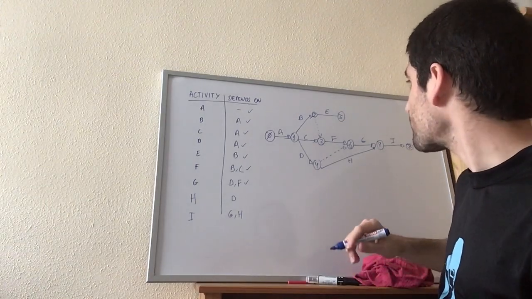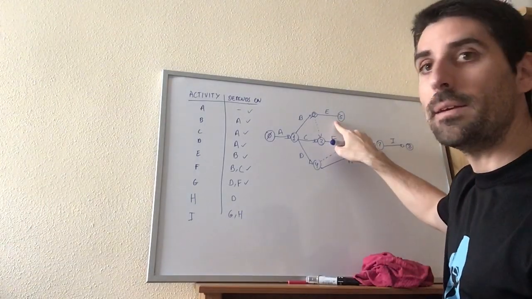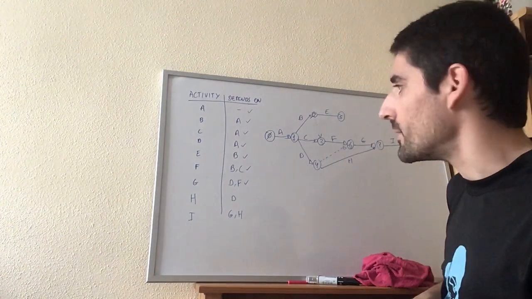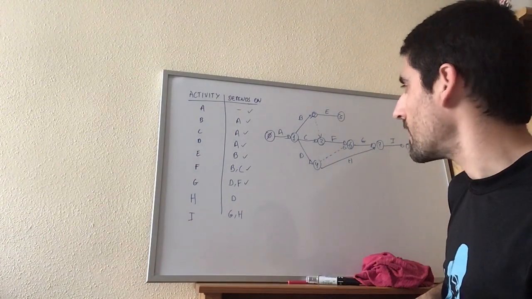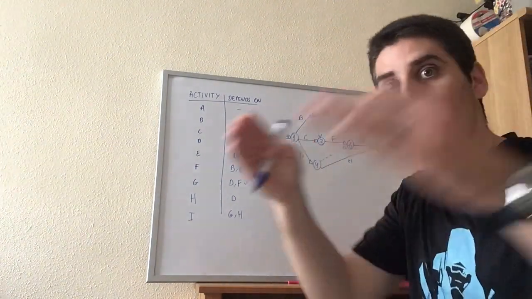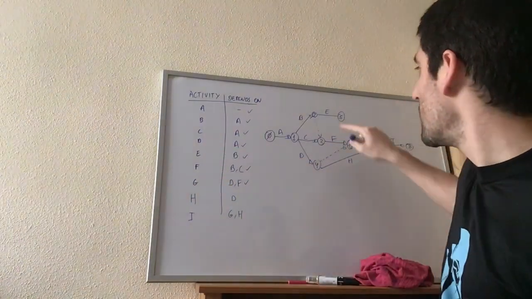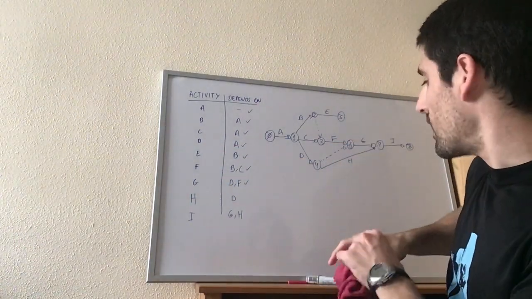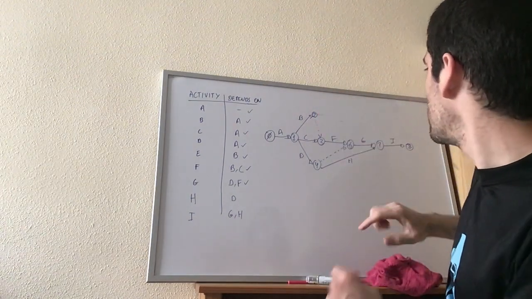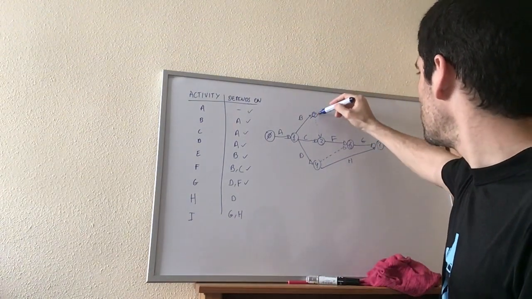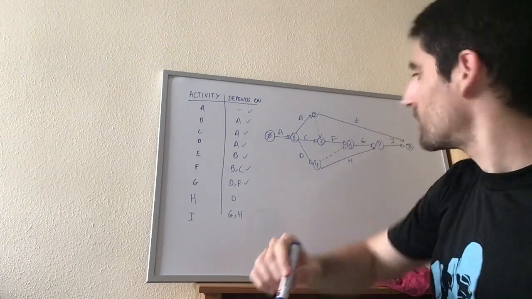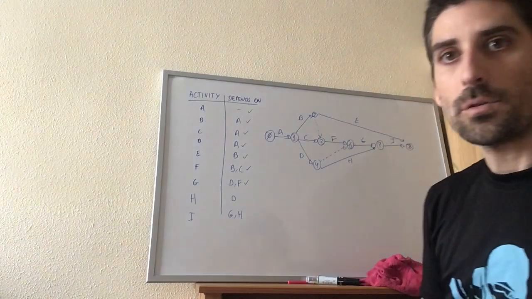And then I cannot have E hanging around there by itself. That's not allowed, because all activities must converge on the sync node. So actually, I'm going to have to tweak the diagram again, and from here, E is going to have to go all the way to the end.